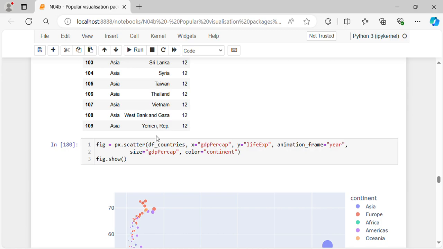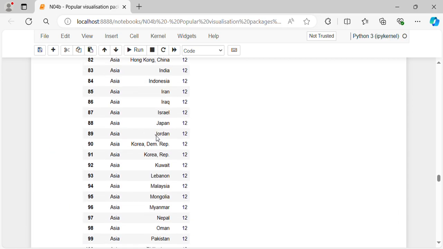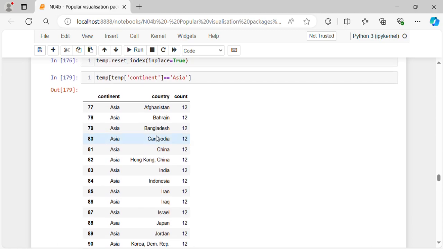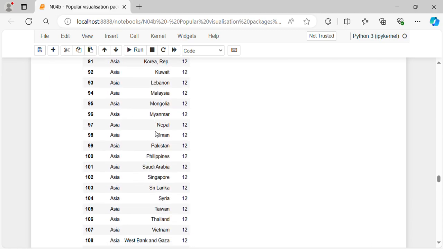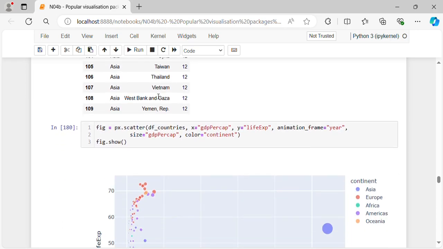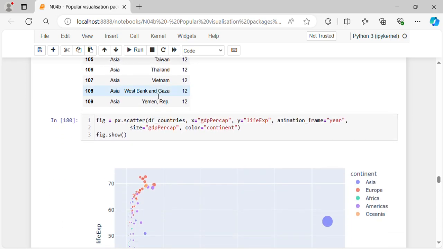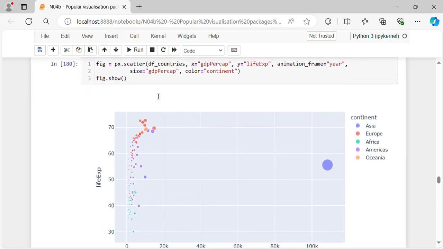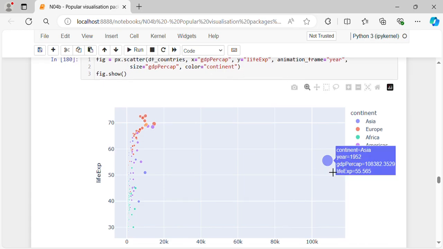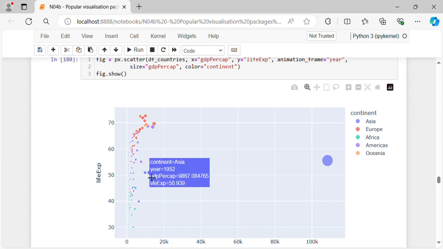So these are all the countries coming under continent Asia. So that's why we will have the bubbles representing each of the countries.